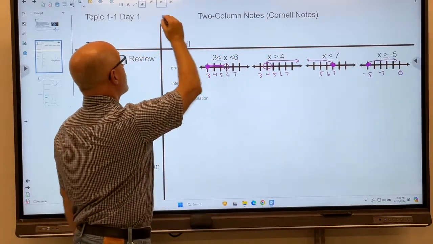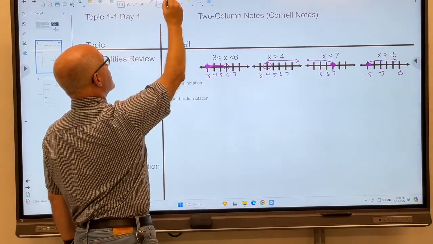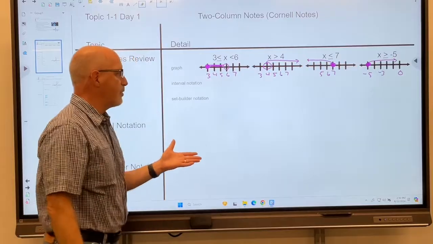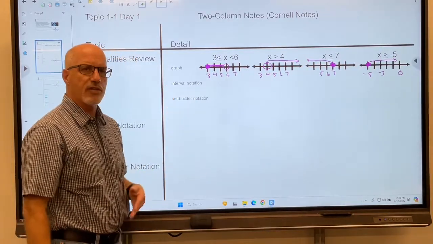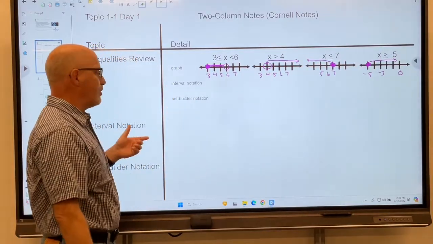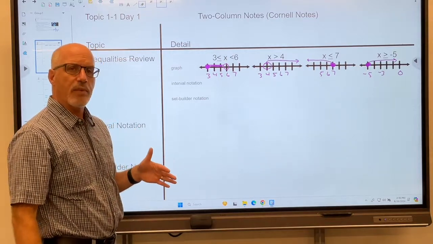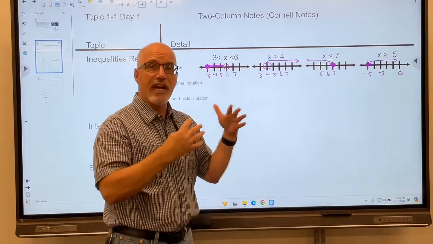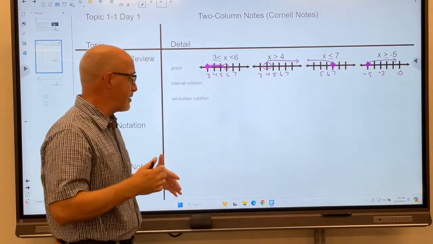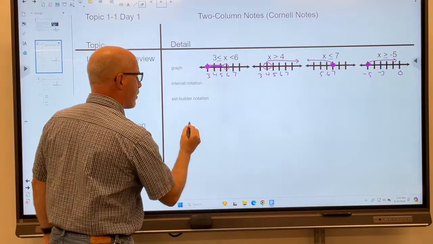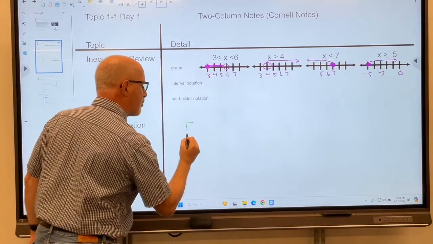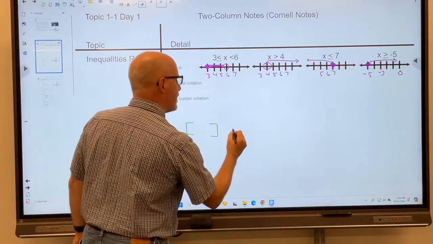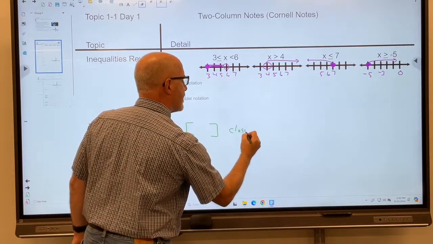All right, so now we're going to introduce some new notation. This new notation is called interval notation. I'll introduce it and then come back and show you what it looks like. Interval notation looks like an ordered pair, but instead it identifies what range of values are covered on graphs like this. So if you're looking at a graph and you see a bracket on either side, this would be like a closed dot.